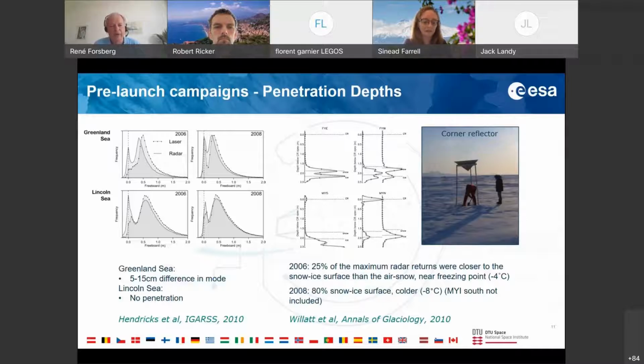It was also known that it was a function of penetration, and in the Greenland Sea, for instance, there were big differences, and in the Lincoln Sea, there were less differences with these things. As we get up in time, we see that the radar returns are better understood. But again, depending on the tracking and how we handle it, you get different results. And again, the papers here by Stefan and Pabilat outline many of these results.